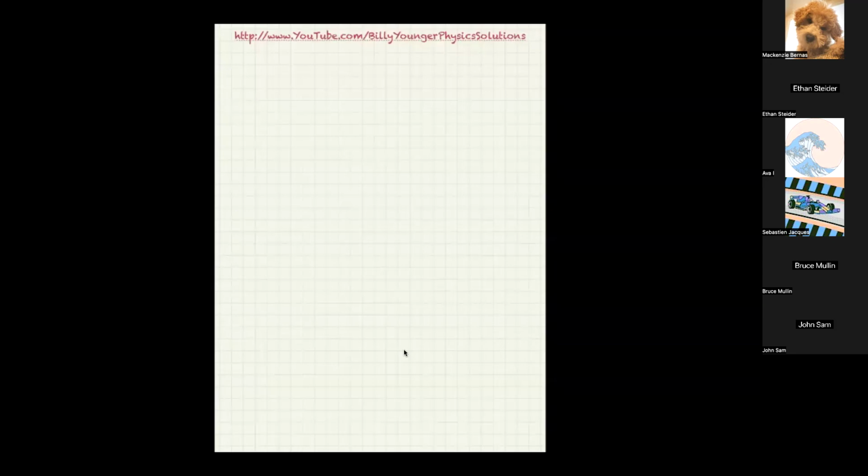So here we say force of gravity on Earth due to sun. That is F equals G times the mass of the sun.